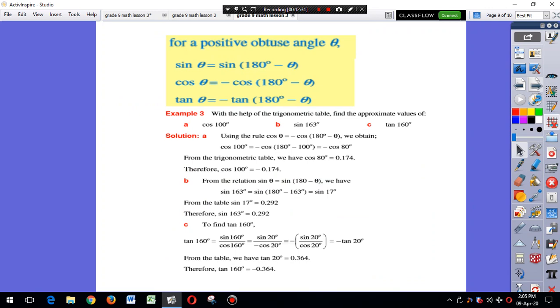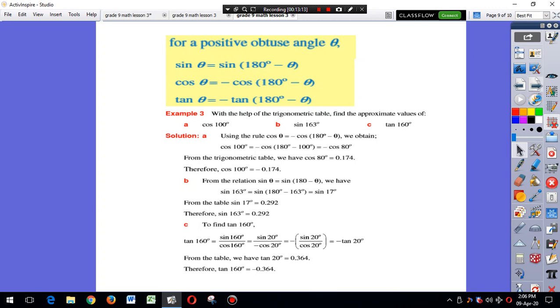Let's say, for example, example 3: with the help of the trigonometric table, find the approximate values of A, cos 100 degrees, B, sine 163 degrees, C, tan 160 degrees. Using the rules that we stated earlier, cos theta is equal to the negative of cos 180 degrees minus theta. We obtain cos 100 degrees is equal to minus cos 180 degrees minus 100 degrees. 180 degrees minus 100 becomes the negative of cos 80 degrees.